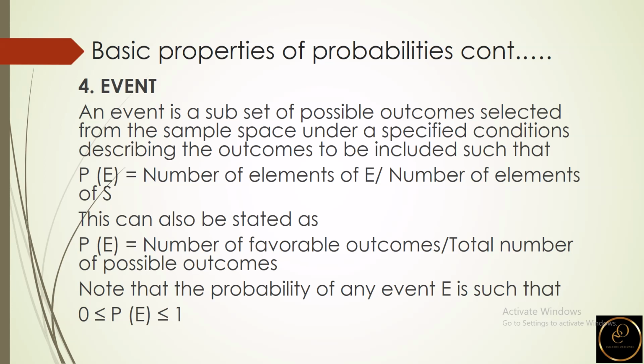That's how we define the probability of event E. This can also be stated as the number of favorable outcomes over the total number of possible outcomes. So that's the basic principle that we follow when expressing the probability of an event.